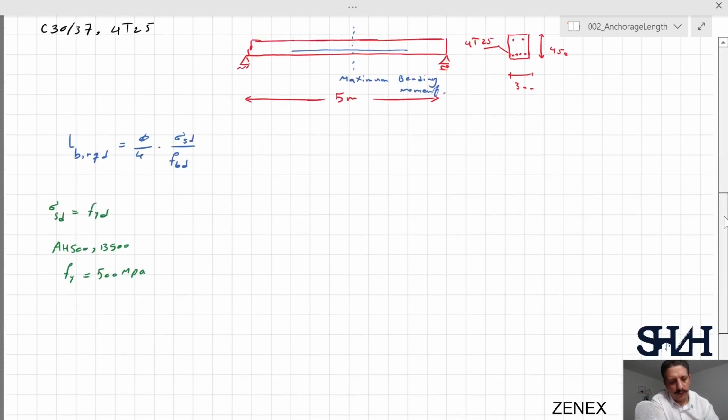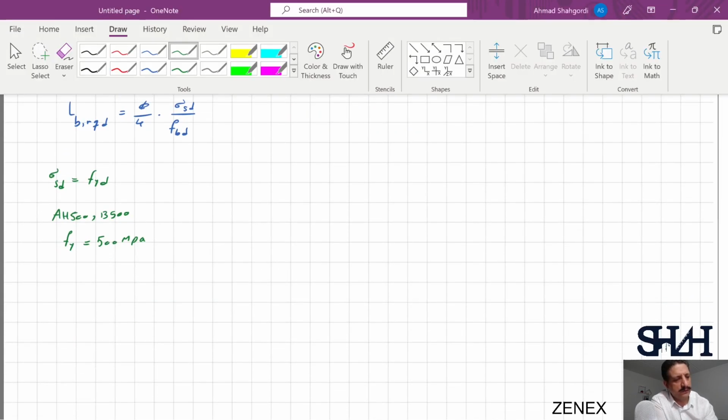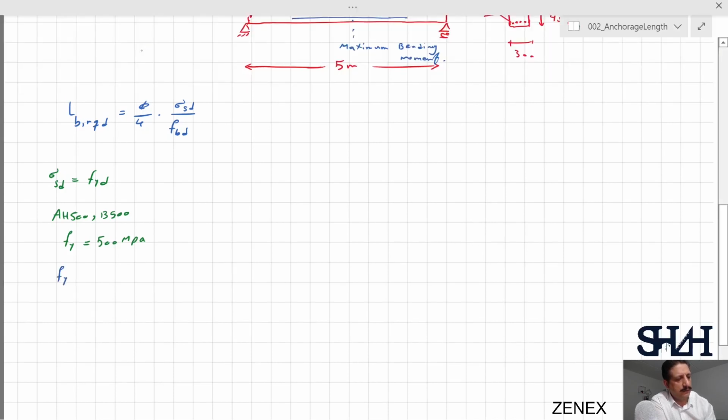And according to Eurocode, we need to calculate what is fyd, which is fy divided by gamma s. Gamma s is given in Eurocode chapter 3, I suppose. And for steel, it is 1.15. So 500 megapascal divided by 1.15 is 435 megapascal.